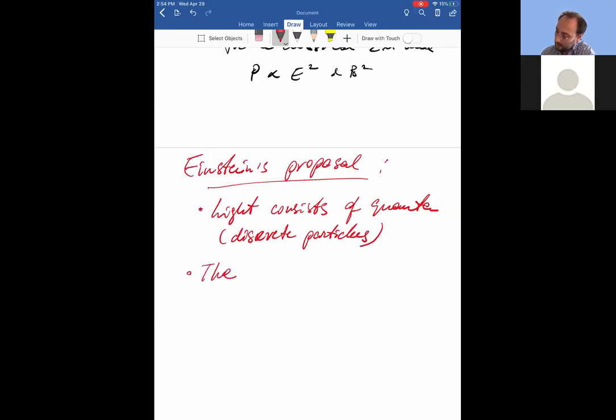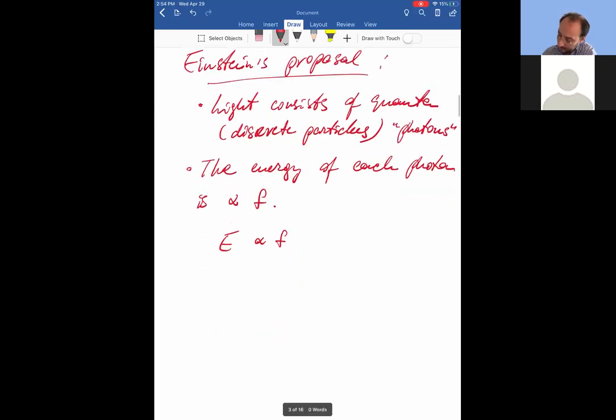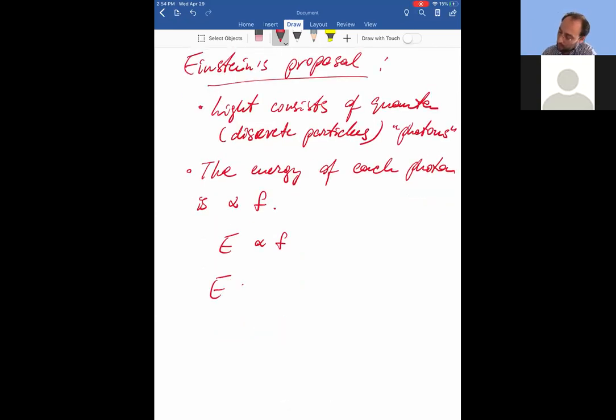These are called photons nowadays. The energy of each photon is proportional to the frequency. So the energy is proportional to the frequency, and if it's proportional, there's got to be a constant of proportionality. That constant of proportionality is now known as Planck's constant.